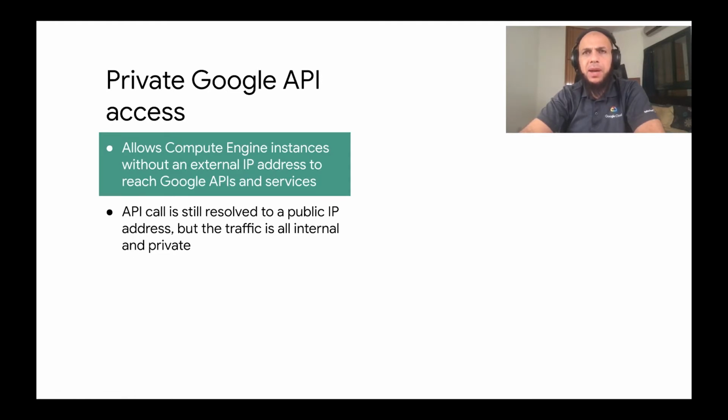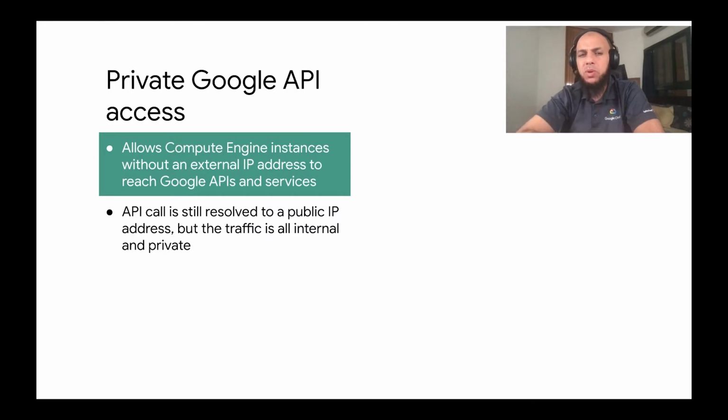Private Google API access. If I have a policy in my organization that says no VMs will be able to have public IPs, but I need to access the Google APIs and services, I need to reach them because they are on the Google network. I need to access the public IPs of those.